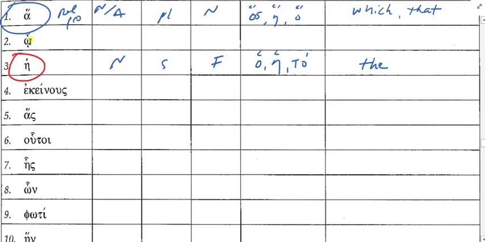Number 2. How do you pronounce that? Ho. And is it a pronoun or an article? Which pronoun? Is it the demonstrative or the relative pronoun? That's right. It's a relative pronoun, isn't it? All right, good. It has both rough breathing and accent mark, right?